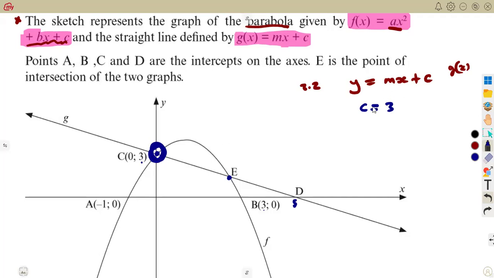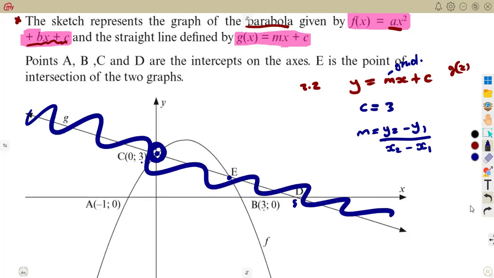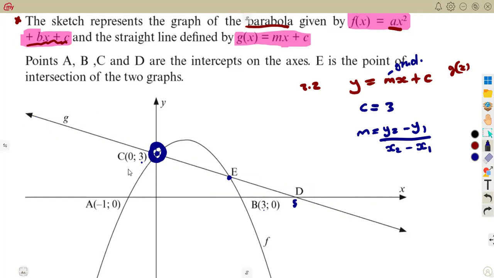What about m? I said m represents the gradient. Remember your gradient is the change in y over the change in x: y2 minus y1 over x2 minus x1. So taking the coordinates that we are given on the straight line, we have the point C, which we can call x1, y1. We also have the point D, for which we calculated the coordinates, (5, 0).